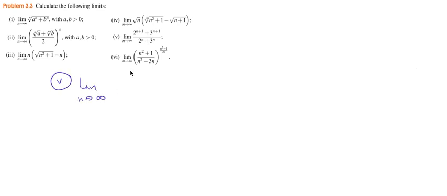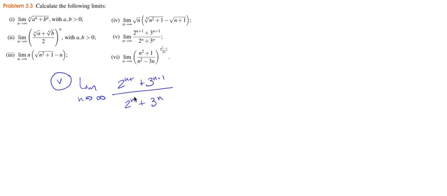This is the limit when n goes to infinity of 2 to the n plus 1 plus 3 to the n plus 1, divided by 2 to the n plus 3 to the n, right? Now, the obvious thing is that we have seen that in rational functions, the leading term, the term that's growing the fastest, in this case 3 to the n plus 1, is the one that will be determining the value.